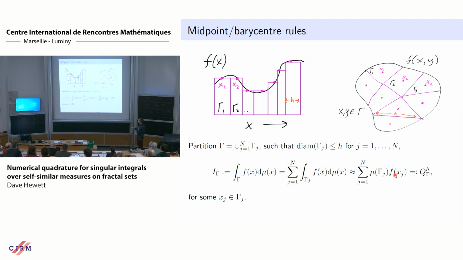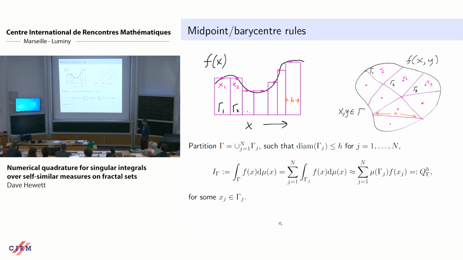It just takes the value of the function at some point in this set gamma j and multiplies by the measure of that set, and that's what we call our quadrature rule, Q_h.